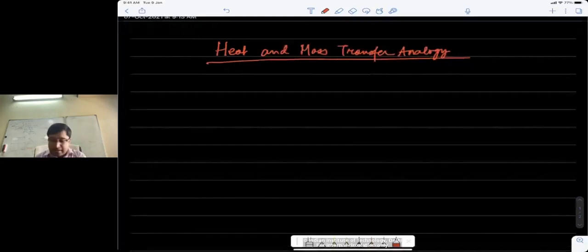The idea of talking about this analogy comes from the fact that if you remember the equations that I had written in the last lecture, the governing equations, the energy equation and the species conservation equation, you would have noticed that the equations were very similar. These dimensionless equations had a similar form where the non-dimensional coefficients could be replaced.